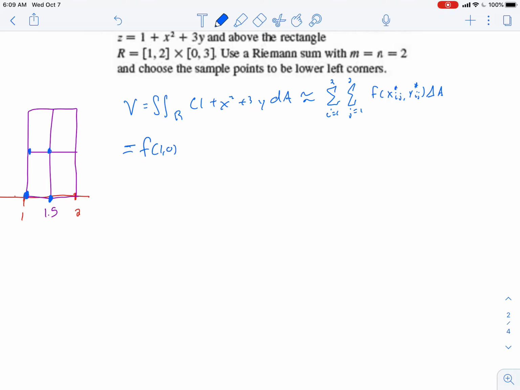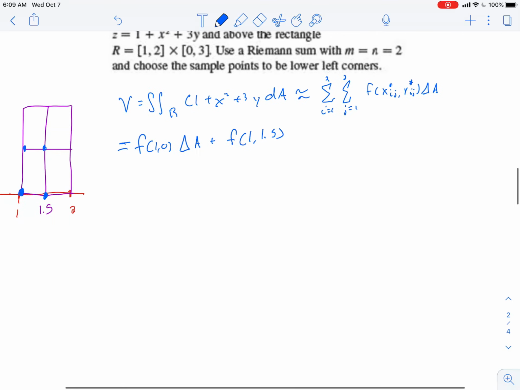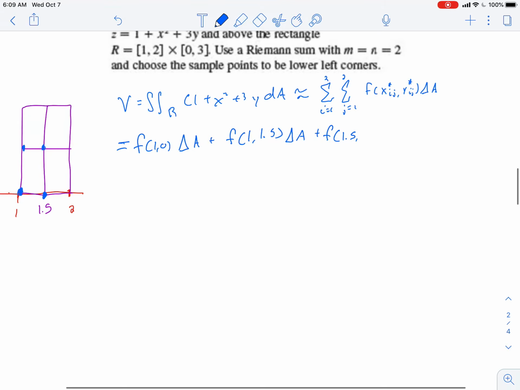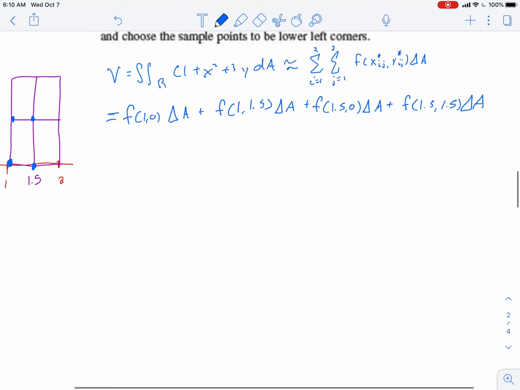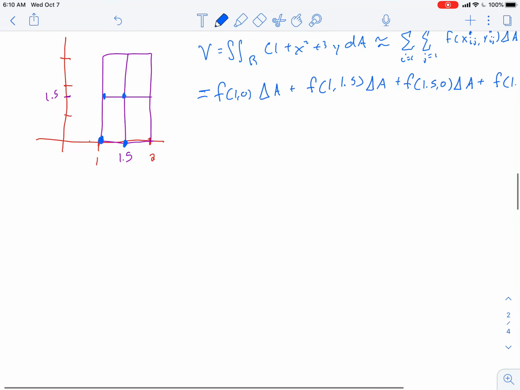So we're just going to plug into the function to determine the height times our delta A, plus our next value, which is going to be f of (1, 1.5) times delta A, plus f of (1.5, 0) times delta A, and plus f of (1.5, 1.5) times delta A. Alright, so now let's determine what our delta A is.